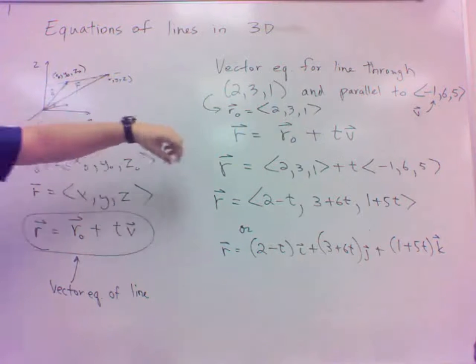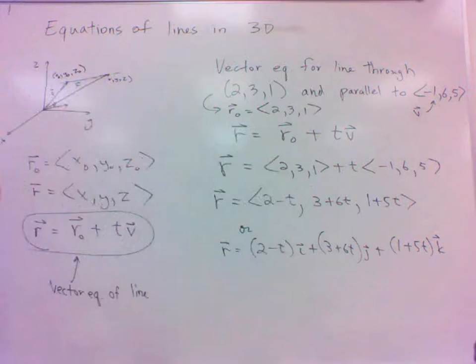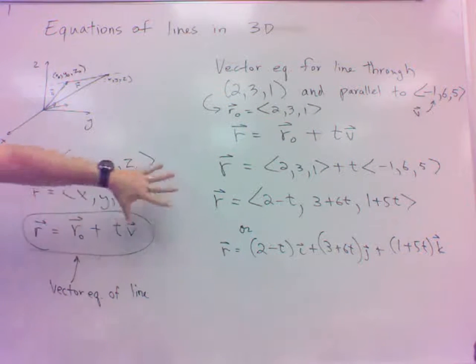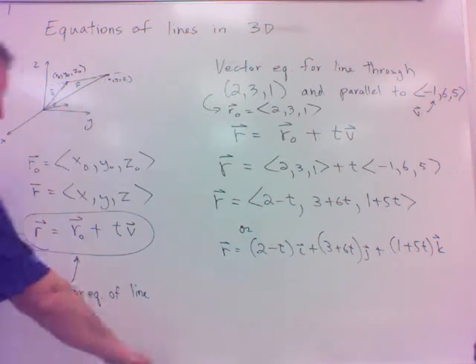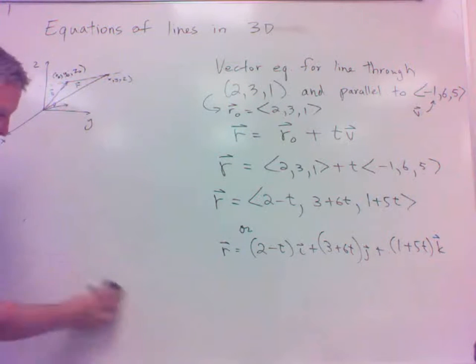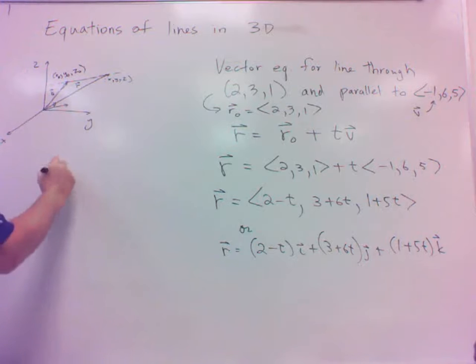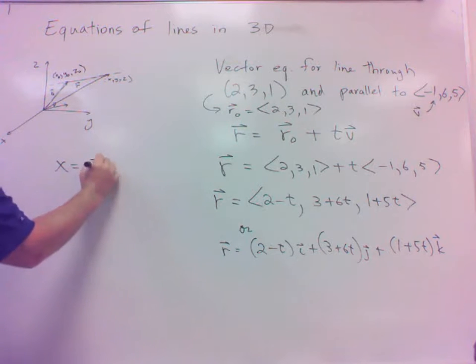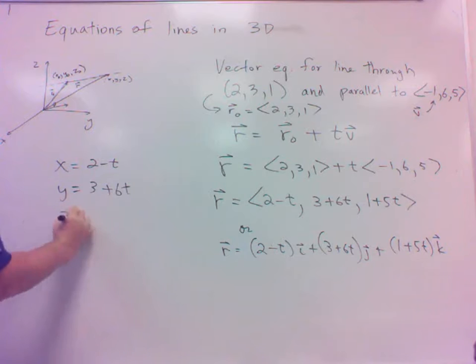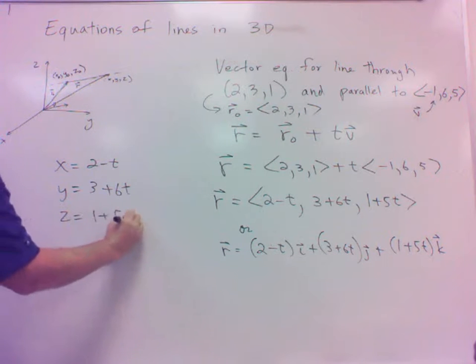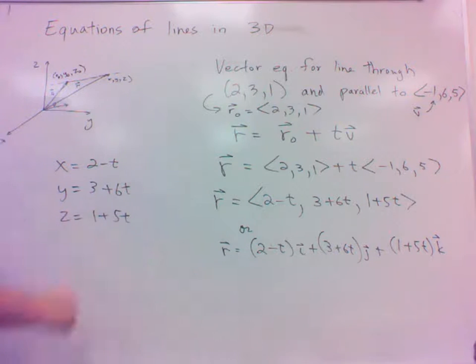That's how we're going to generate this line if you put it in this format. But it's going to be the same, because remember the equation of this line in parametric form was x equals 2 minus t, y equals 3 plus 6t, z equals 1 plus 5t. So they're very similar.